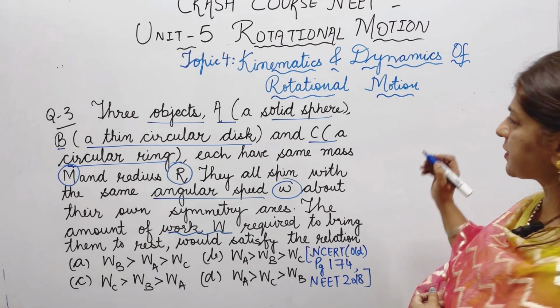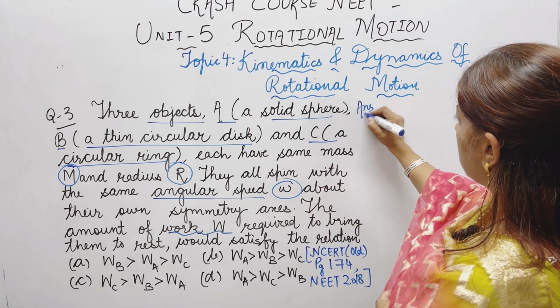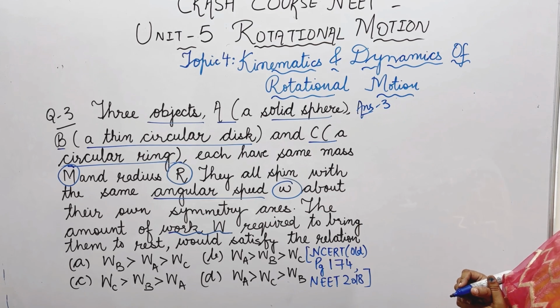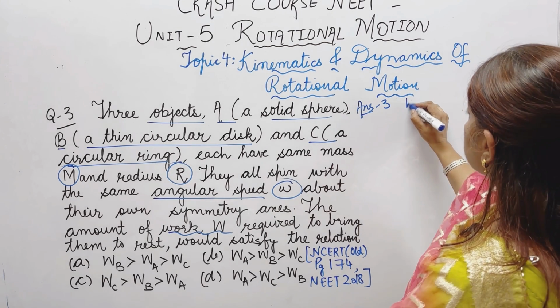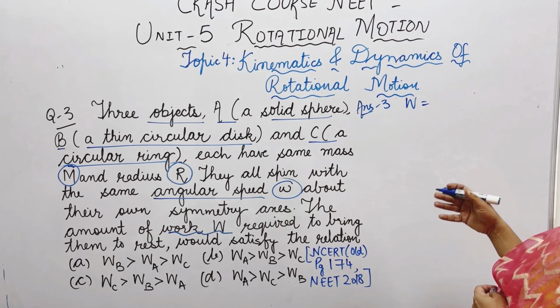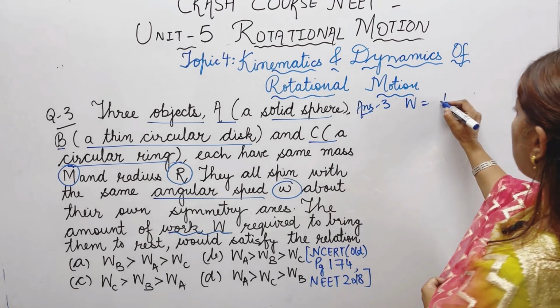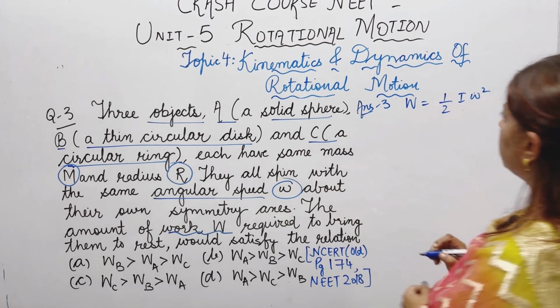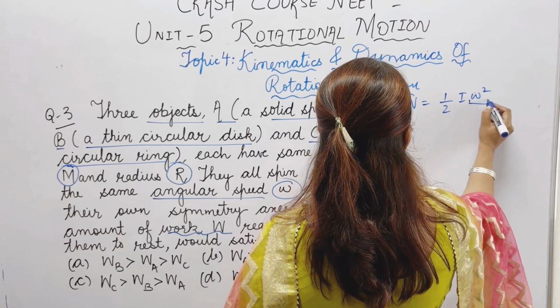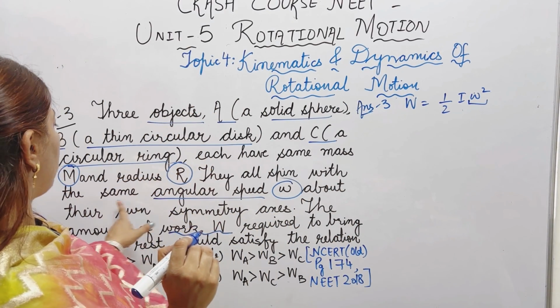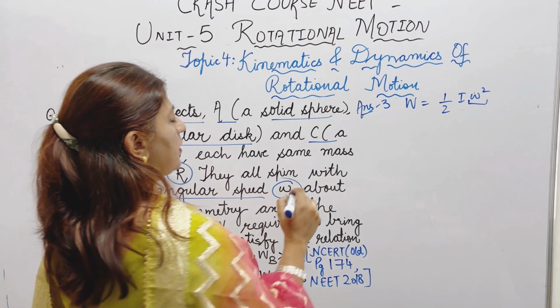So let us see. Whatever is asked in the question is about the amount of work required. The work required to bring these objects to rest will be half I omega square. Now this omega is a constant quantity, since it has been mentioned they are moving with the same angular speed.